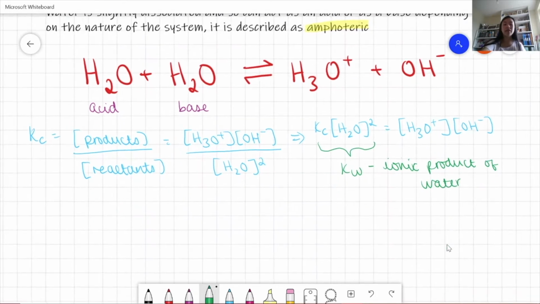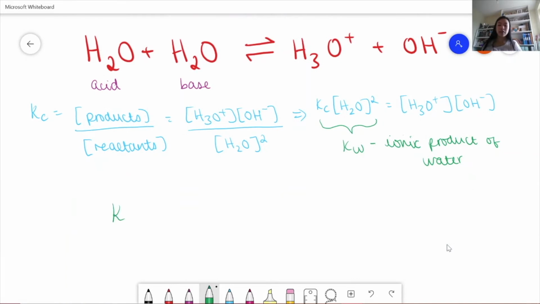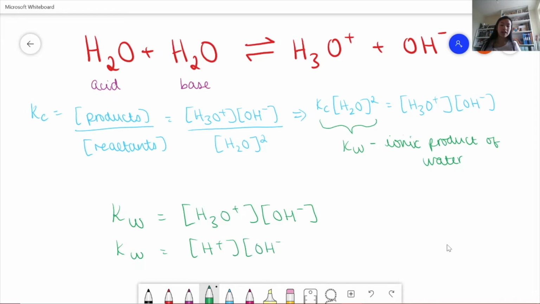So Kw is equal to the concentration of the H3O+ ion multiplied by the OH- ion. We can also write this as Kw is equal to the H+ ion multiplied by the OH- ion.